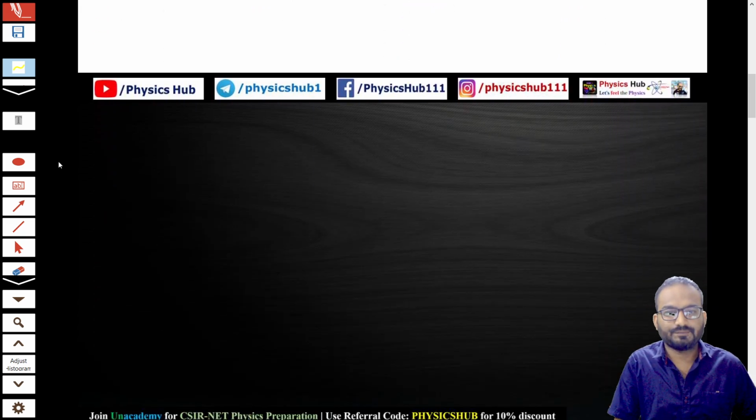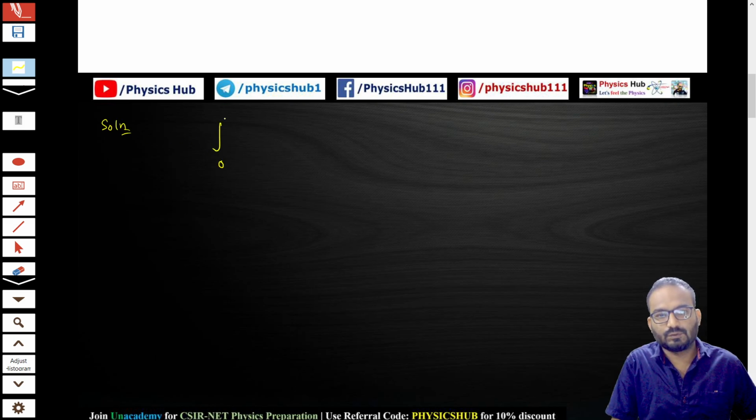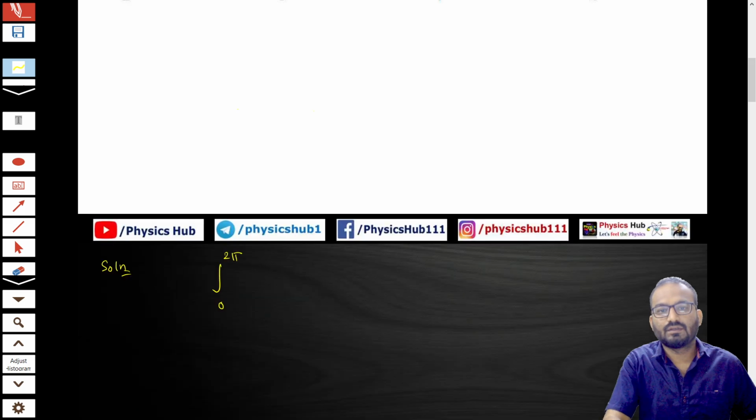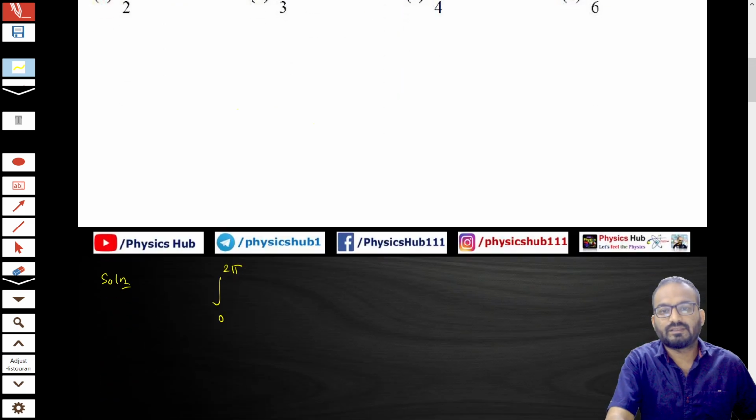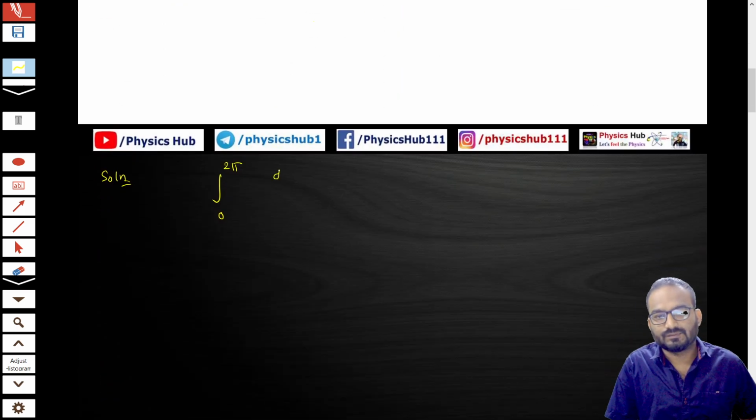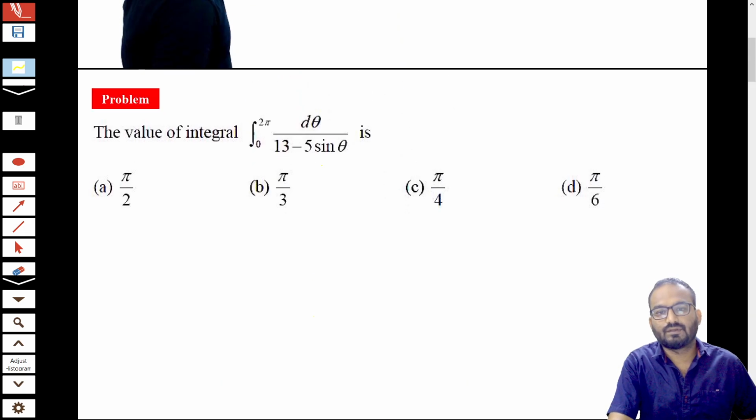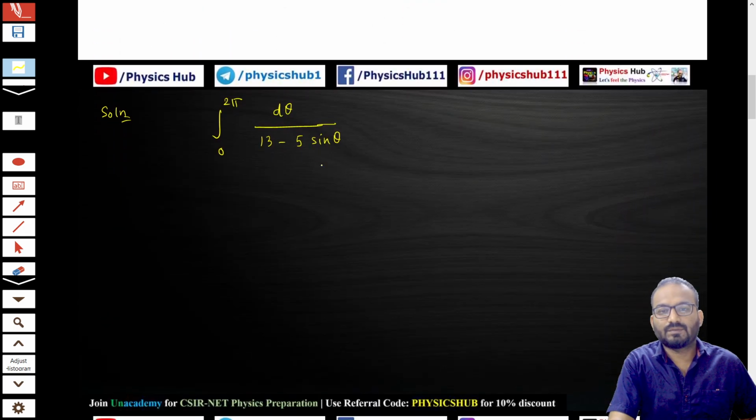The given integration is 0 to 2 pi d theta by 13 minus 5 sin theta. This is given. So to solve this kind of integration, we just have to convert it into a complex integration.